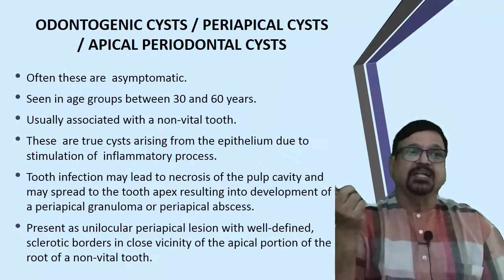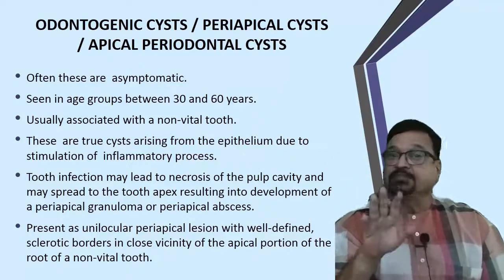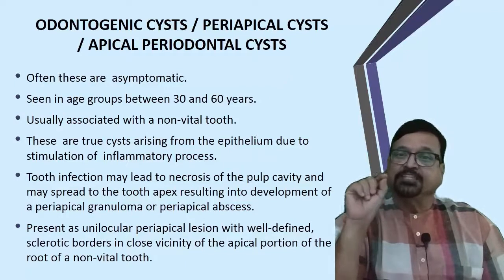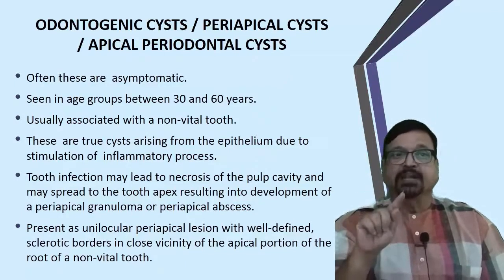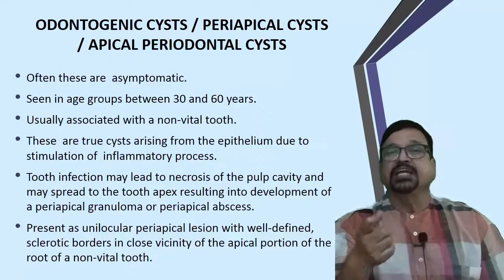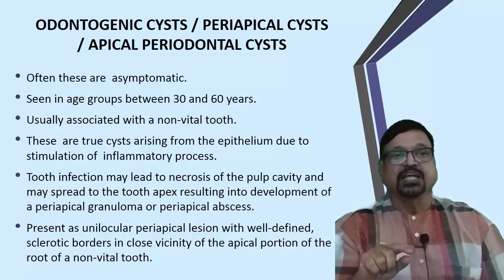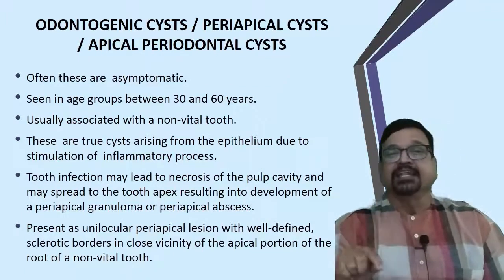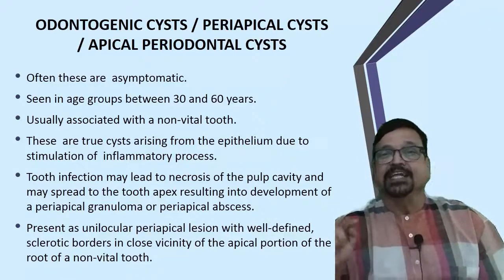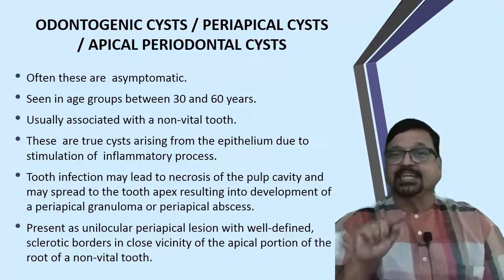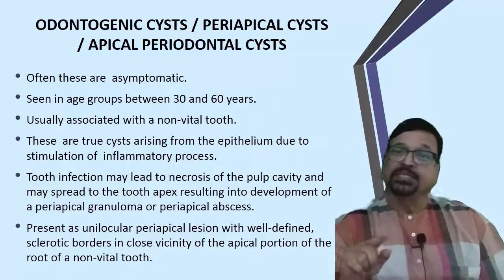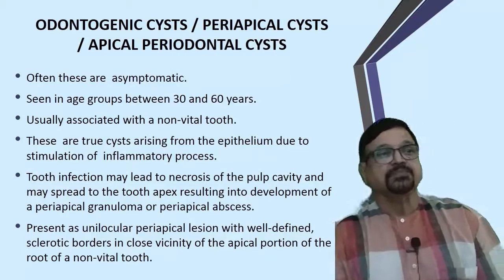It starts from the pulp. So first is the infection of the pulp, pulpitis. Then pulp infection spreads to the apex of the tooth, and this then goes to the periapical region. In periapical region, it sets inflammatory process, it sets a granuloma, or it can produce a periapical abscess.